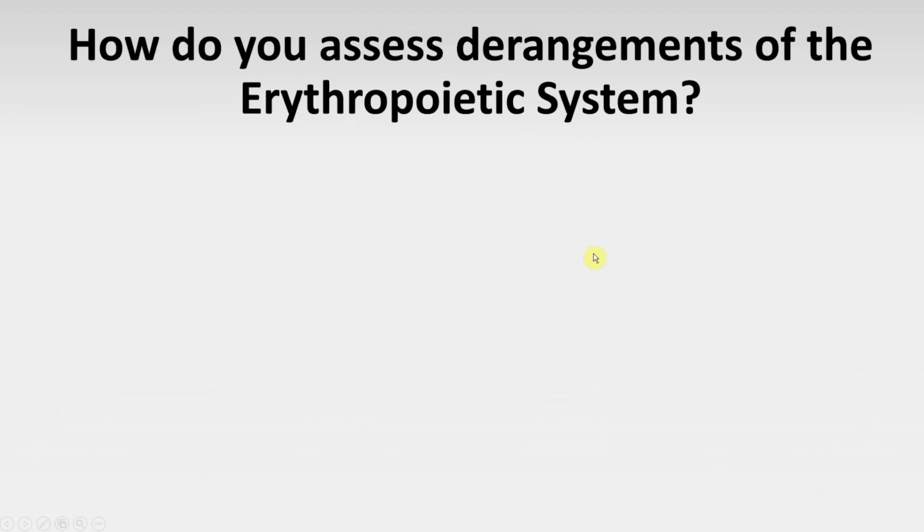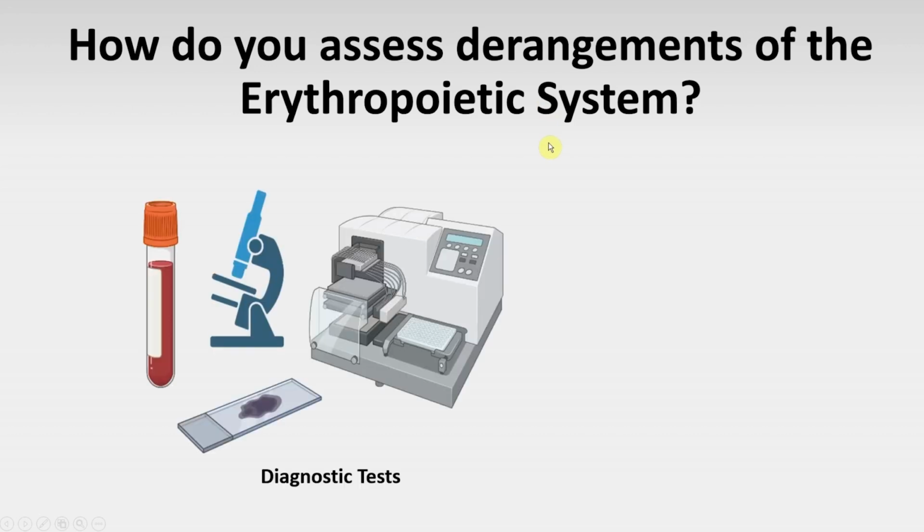Now we know that this derangement or disruption of the equilibrium in erythropoiesis will result in all sorts of hematopoietic disorders. The question here is, how can we assess the erythropoietic system and its dysregulation? To answer this, we need to know what kind of tests are available for us to assess the blood system itself.